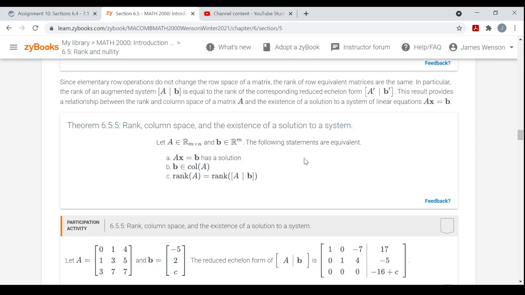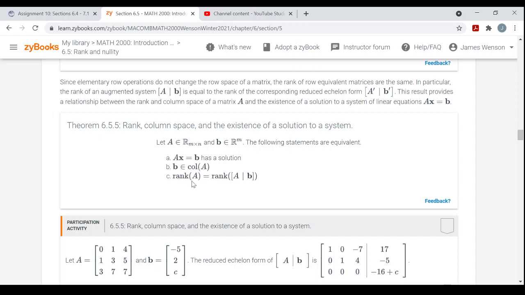What it means for statements to be equivalent is that if one is true, all of them are true, and if one is false, all of them are false. So AX equals B has a solution would be true when B is in the column space of A. Remember talking about the column space last section.